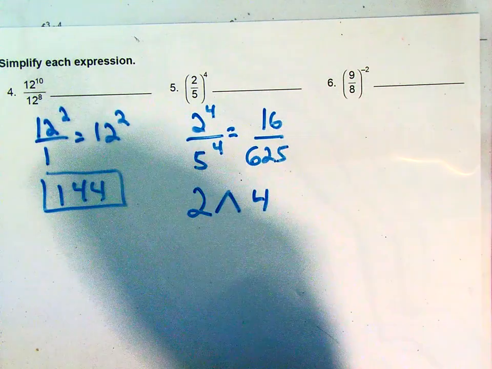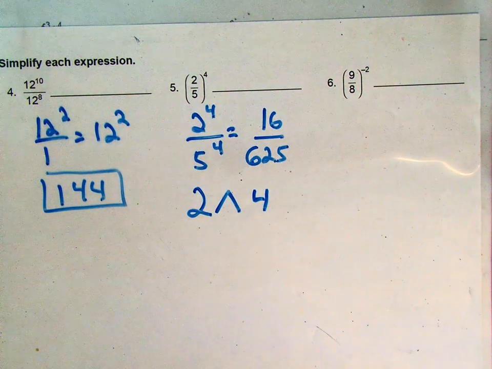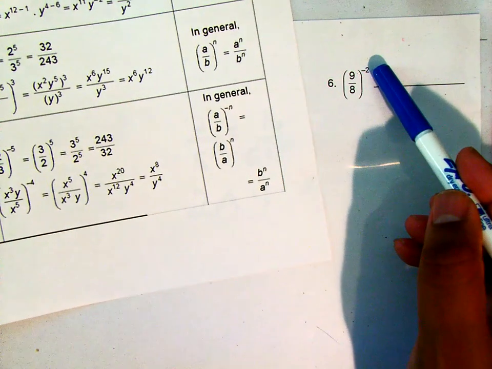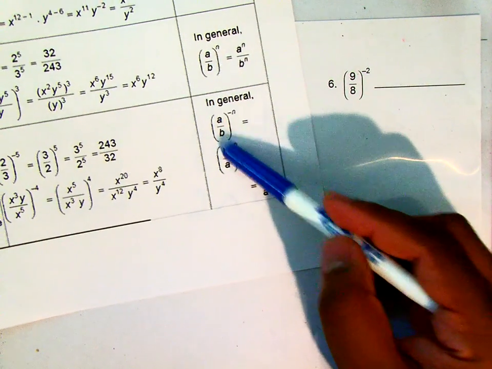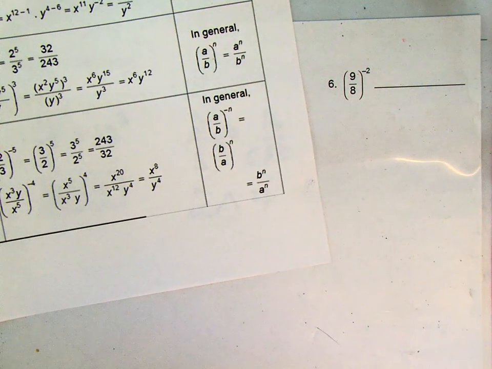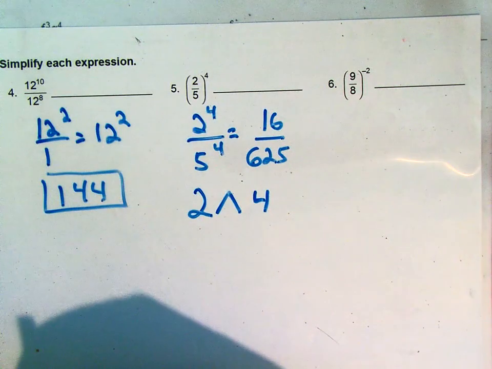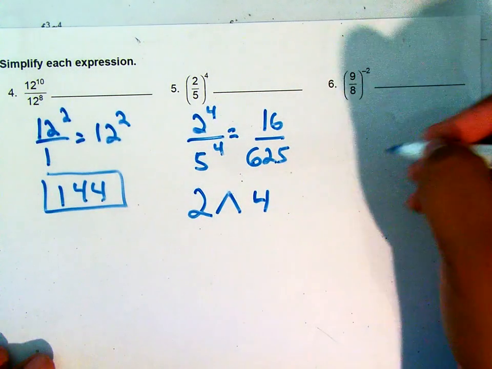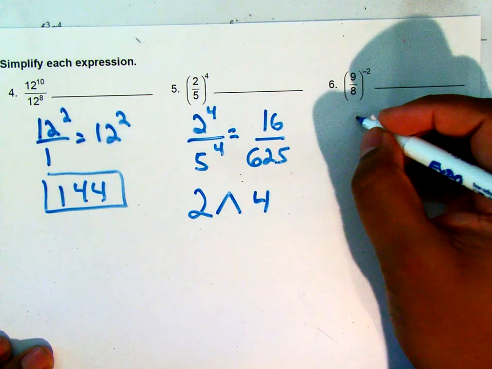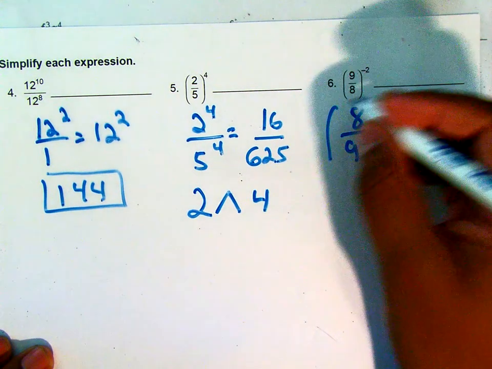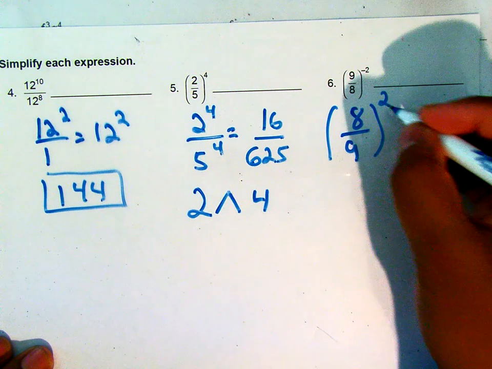All right, let's take a look at number 6. In this example, it's similar to this one here, where you have a negative exponent that applies to the whole quotient. So what I'm going to do is go ahead and first flip it and make it positive. So I have 8 over 9, and the whole quotient is raised to the second.